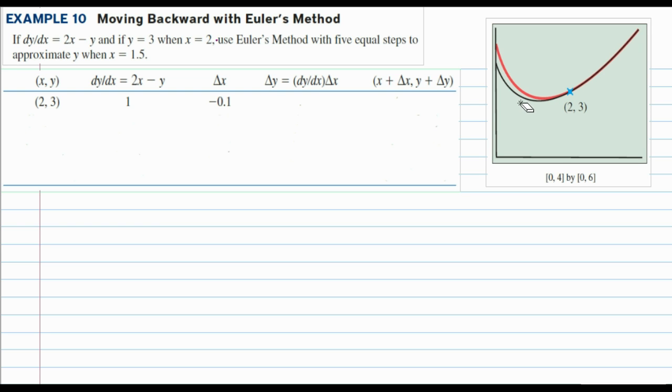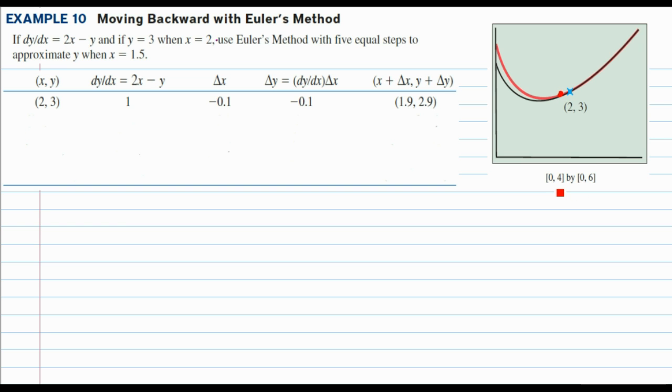My delta y is also going to be negative then, so I take dy/dx times my delta x, and I get negative 0.1. So now I'm going to take my x coordinate and subtract 0.1, my y coordinate and subtract 0.1, and my new point is (1.9, 2.9). So that is back here in red.